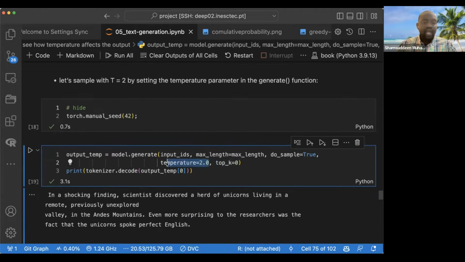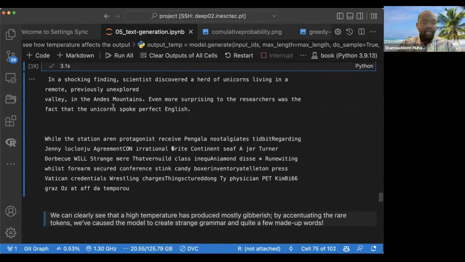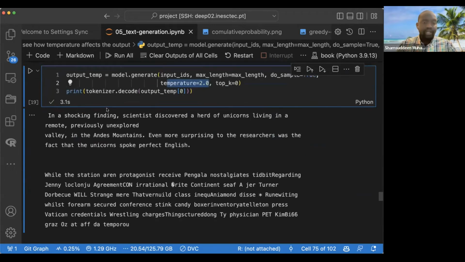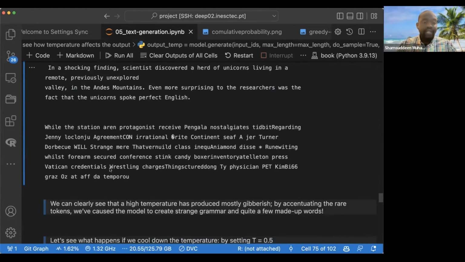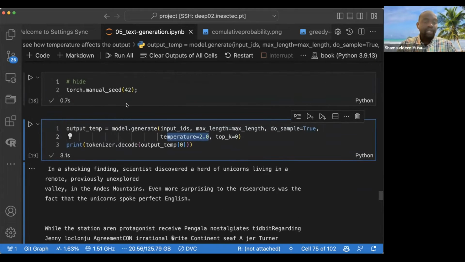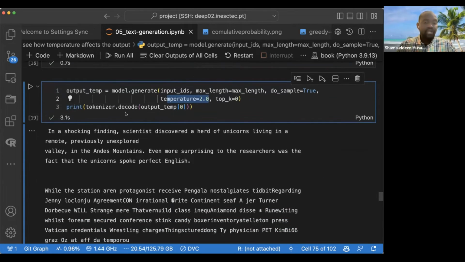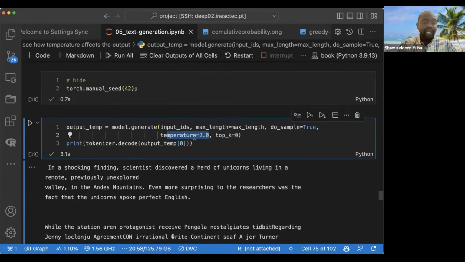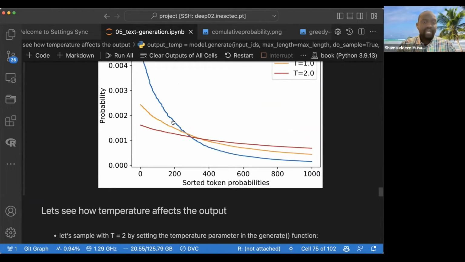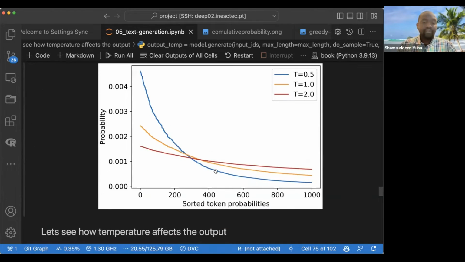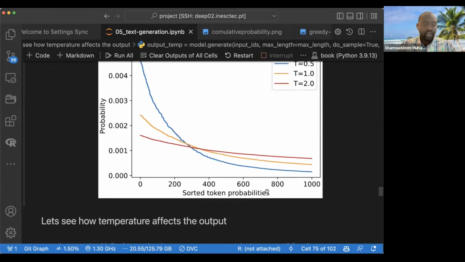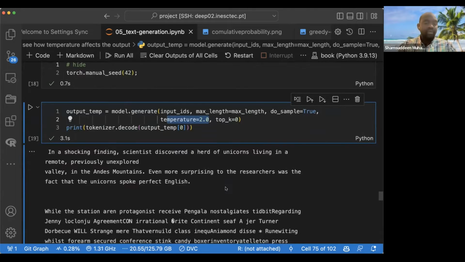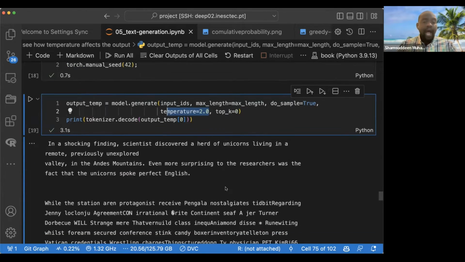The generated text is not related to the prompt, which gives us garbage, because the more you increase the temperature, the more nearly equal the probabilities among all the tokens, and it will just select any token randomly, because this is sampling.